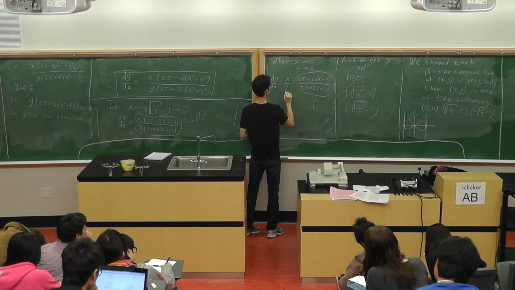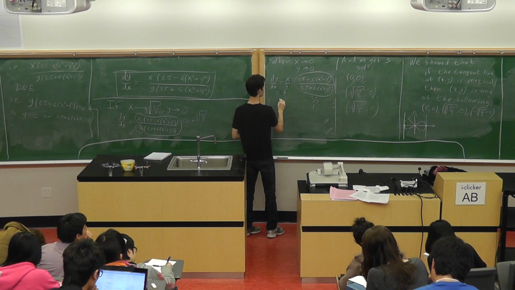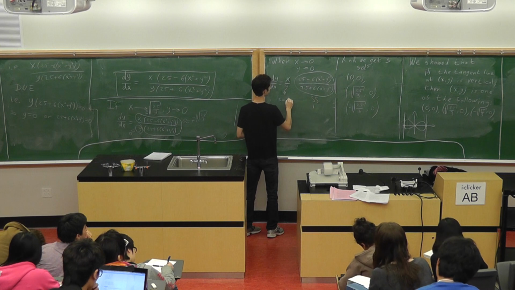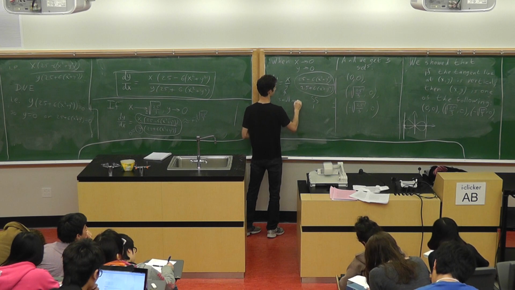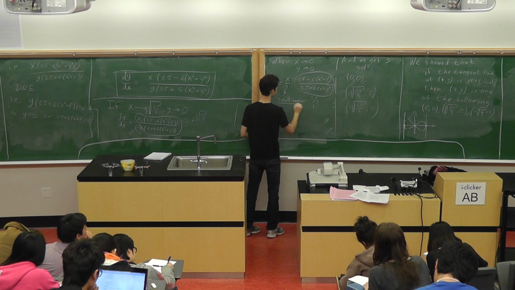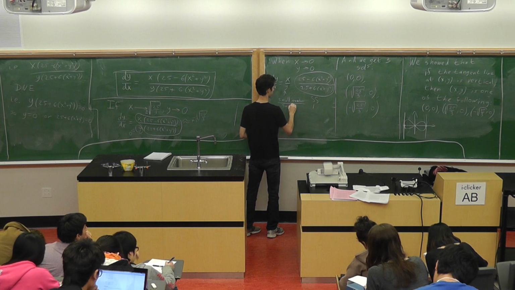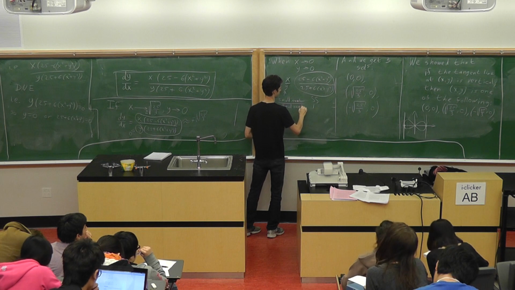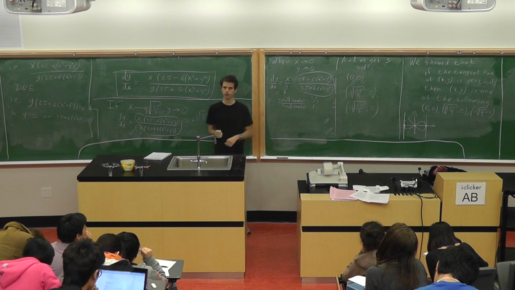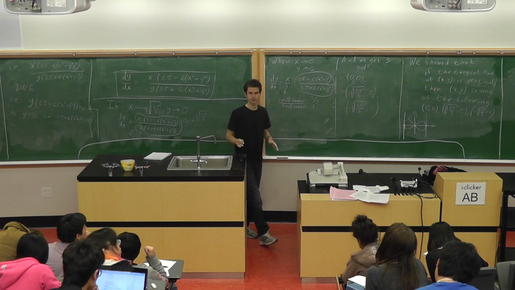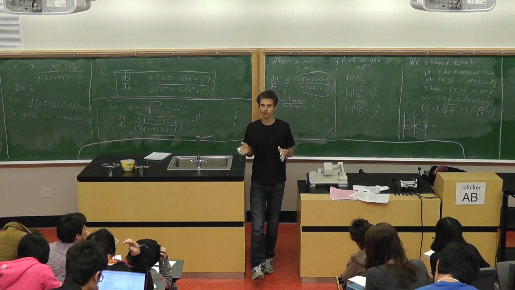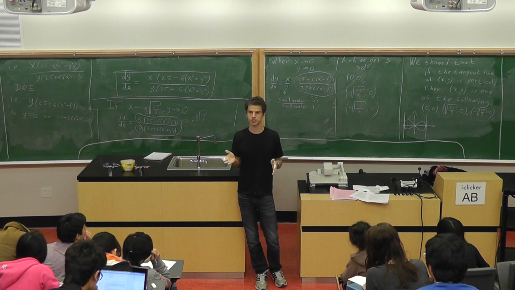What is it? It's a quotient of a small number x by another small number. But we know very well that the quotient of two small numbers is just an undefined quantity.